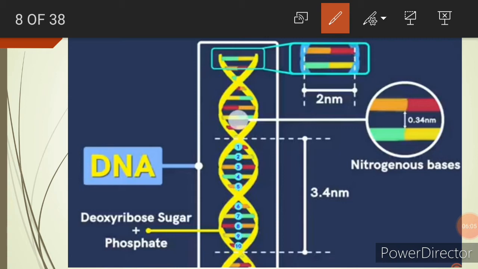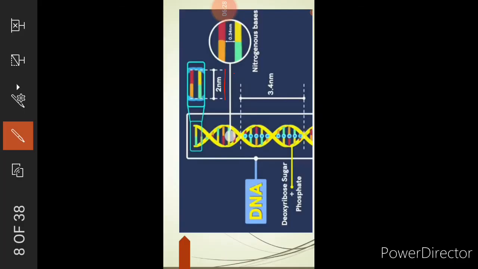The diameter of the double helix is around 2 nanometer. The double helical strand has one major and one minor groove. That makes up one turn.